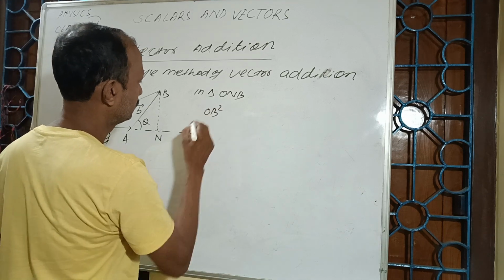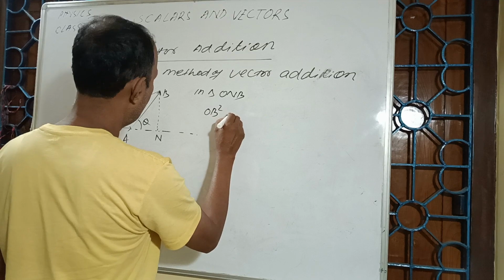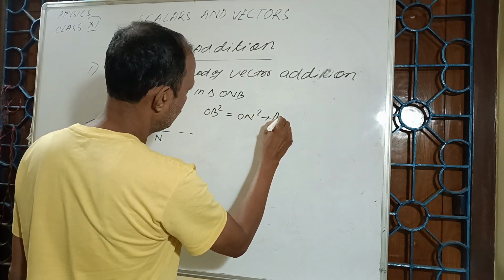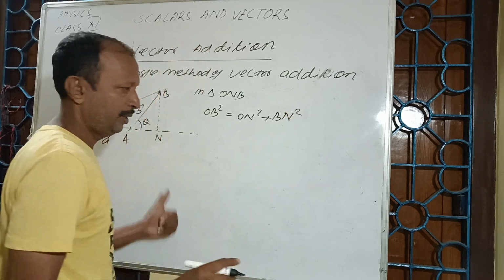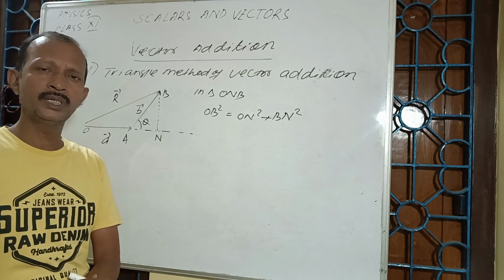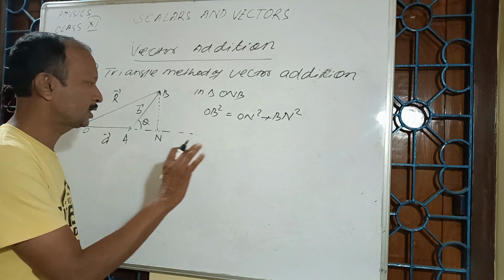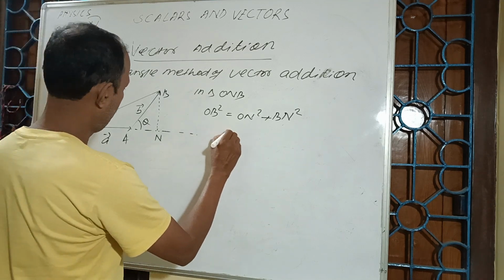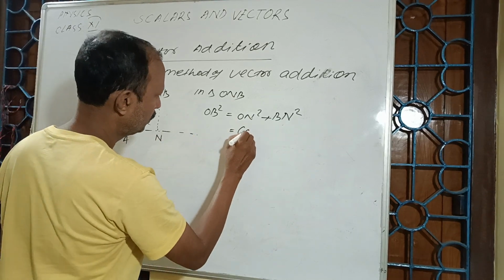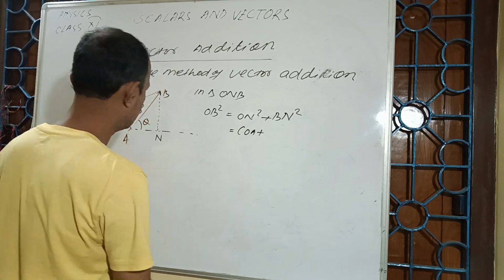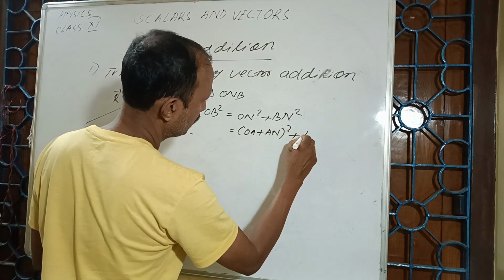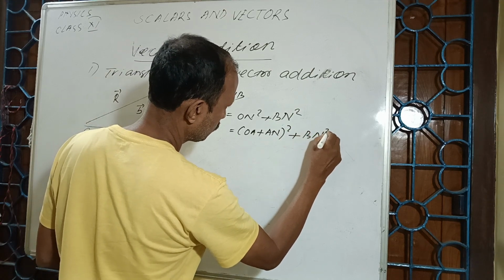OB square is equal to ON square plus BN square. That means square of the hypotenuse is equal to sum of the square of the other two sides. So in place of ON square, I can take it OA plus AN square plus BN square.